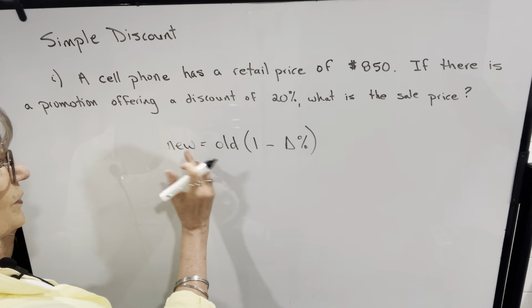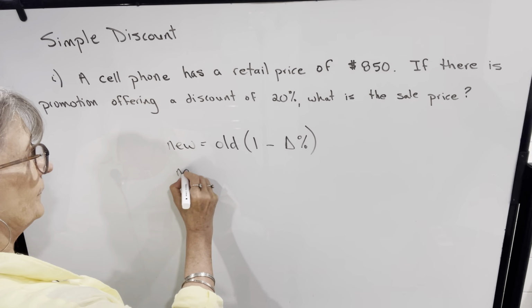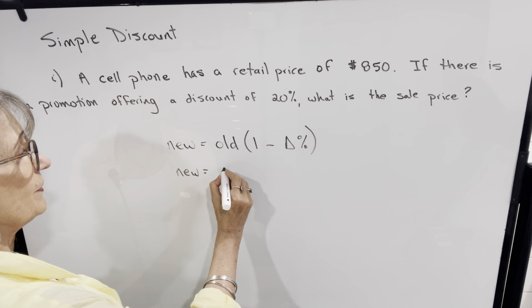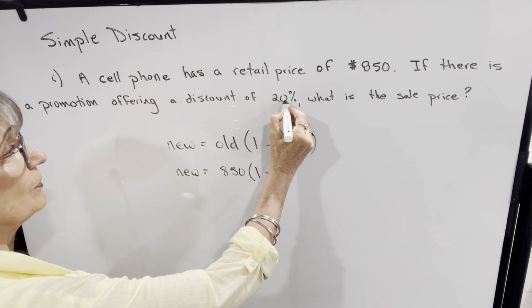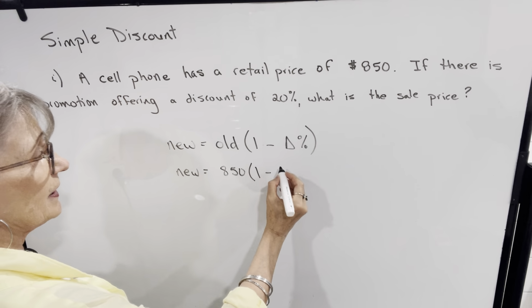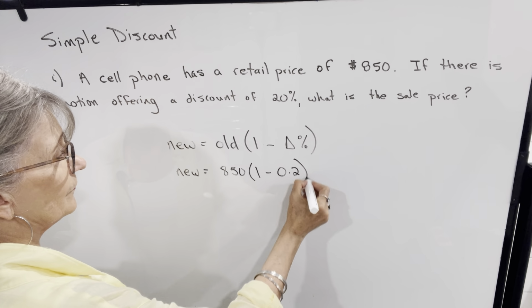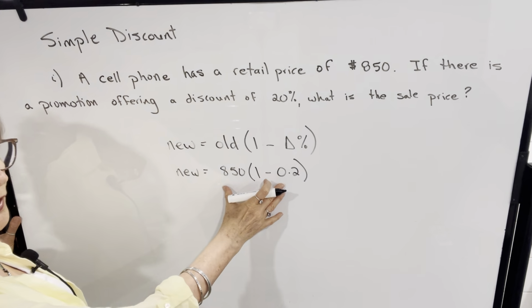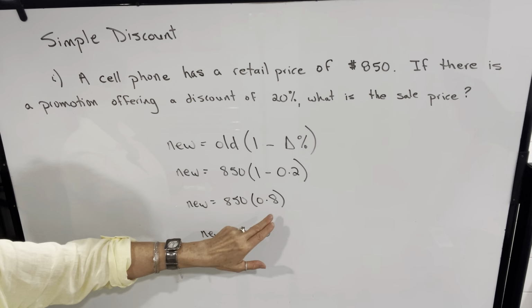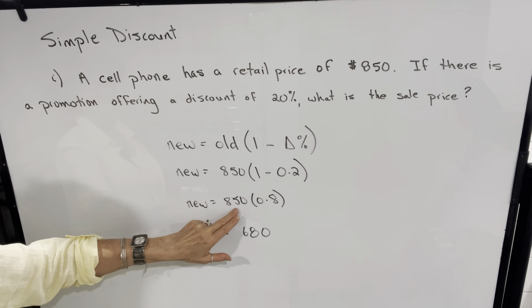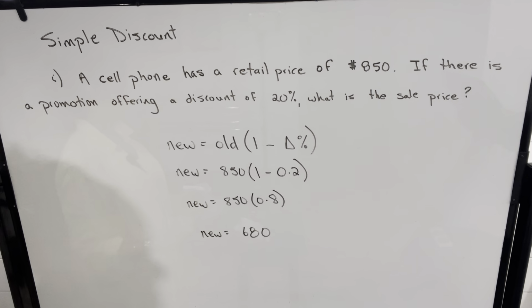So the new value is what we're finding. The old value is 850. The percent change is 20%, as a decimal is 0.2. So that gives us what we were working with in the last method. Again, 1 minus 0.2 is 0.8, multiplied by 850 is 680.